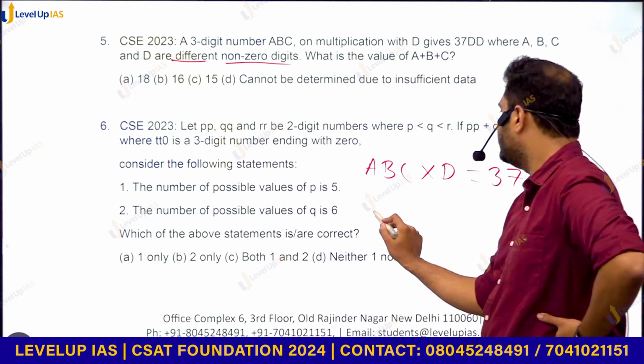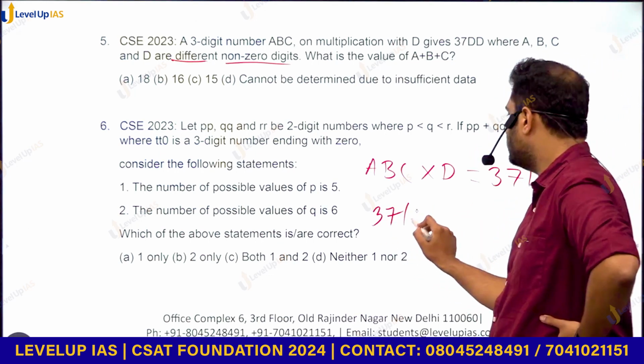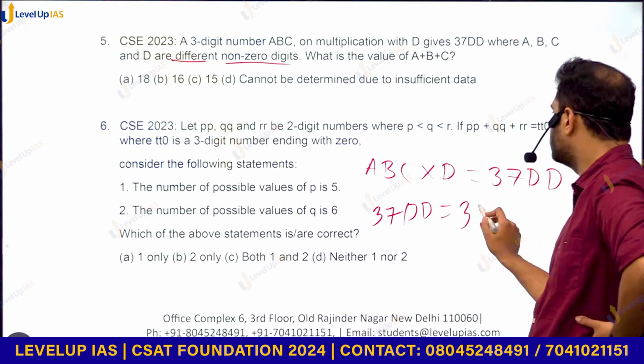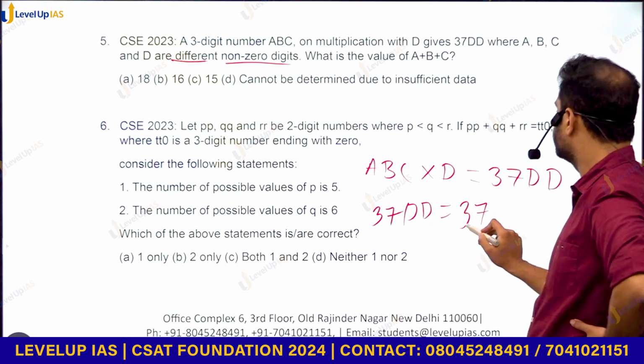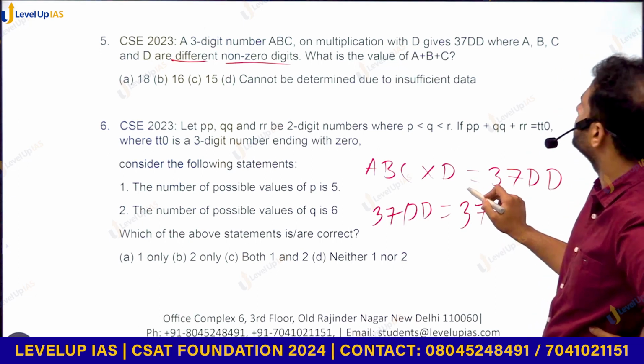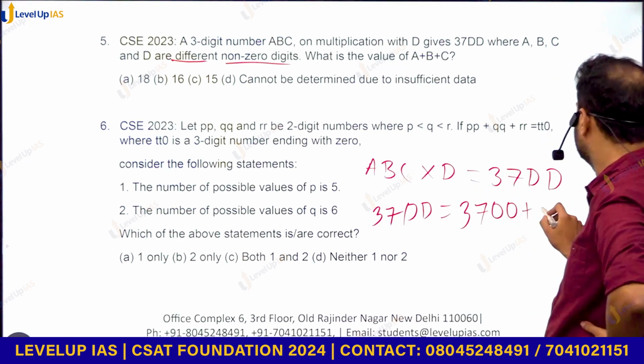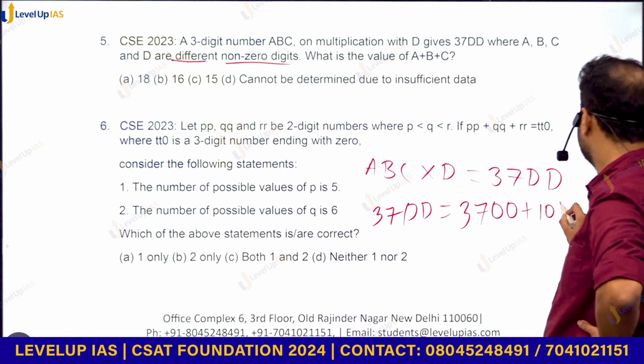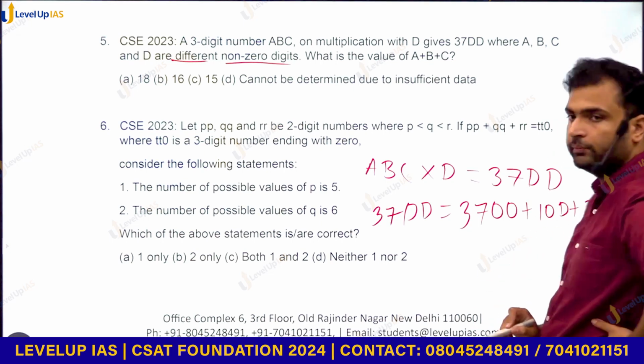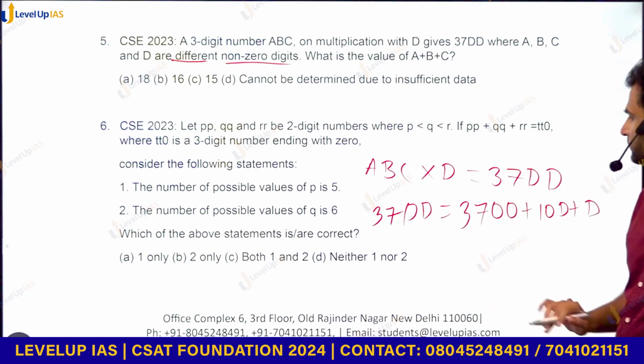This 37dd you can write as 3700 plus 10d plus d, right? Place values.